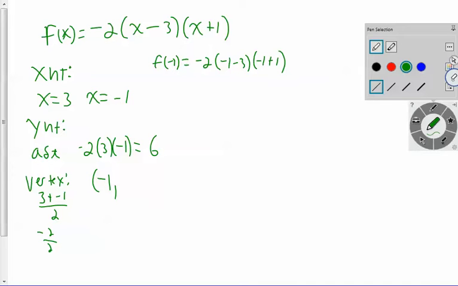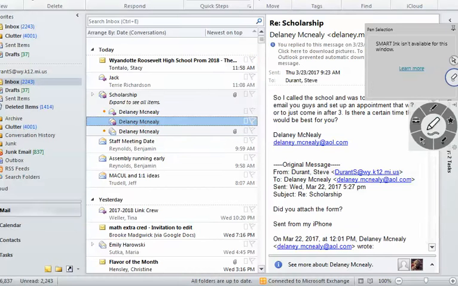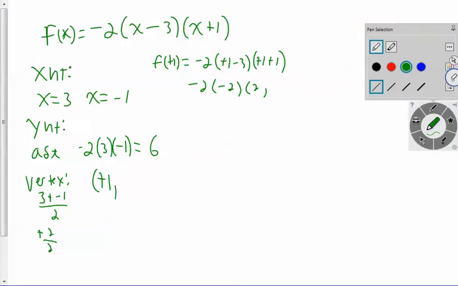Silly me. So that's negative 2 times negative 2 times 2, which is positive 8. So your vertex is at 1 comma 8.